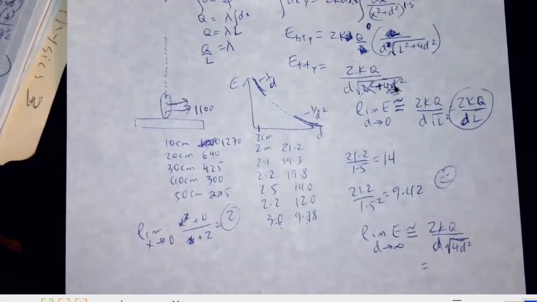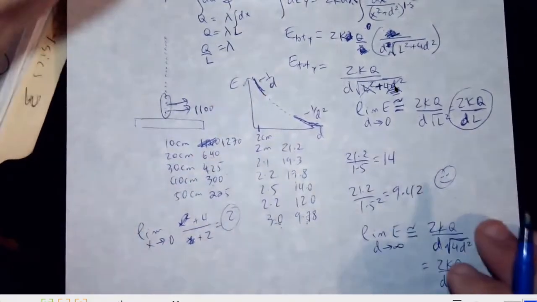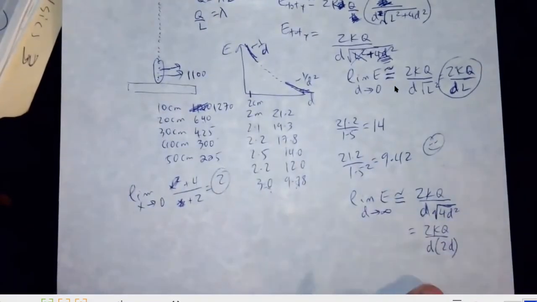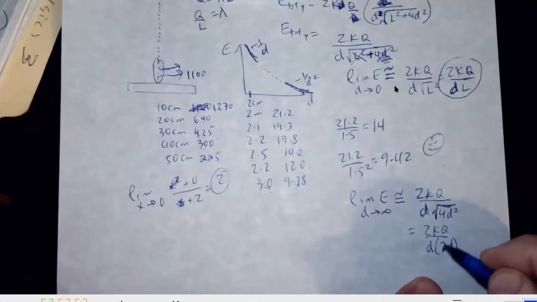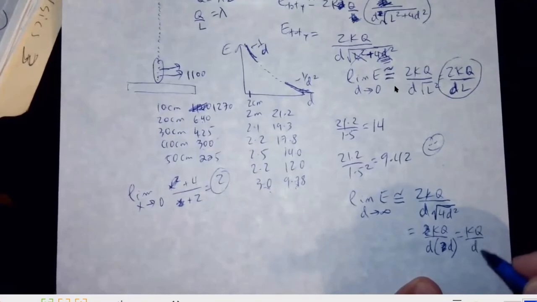Now this is actually even more exciting because look at what happens. 2kq over d square root of 4d squared is what? 2d, right? And then the 2 and the 2 cancel, and then you have our famous equation kq over d squared.